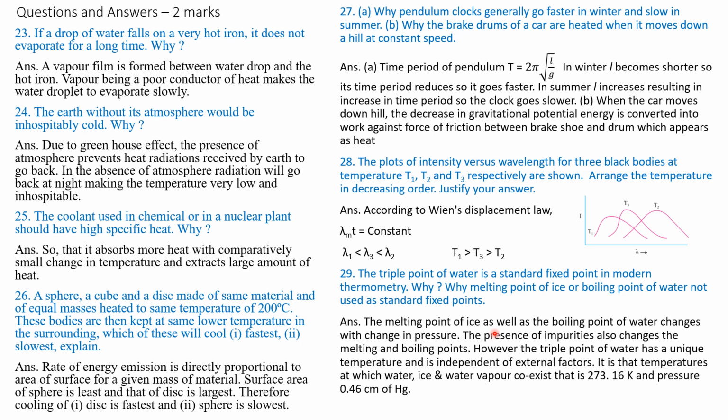The presence of impurities also changes the melting and boiling points. However, triple point of water has a unique temperature and is independent of external factors. It is that temperature at which water, ice and water vapor coexist. That is at 273.16 Kelvin and pressure of 0.46 cm of mercury.